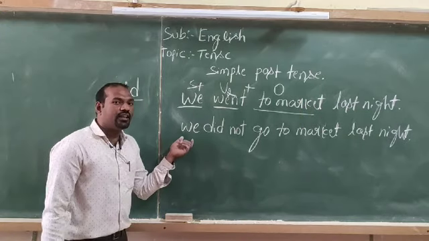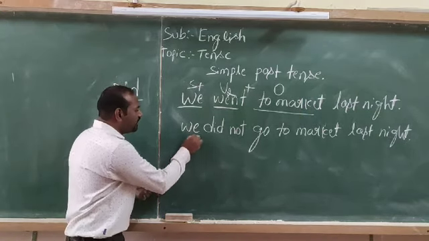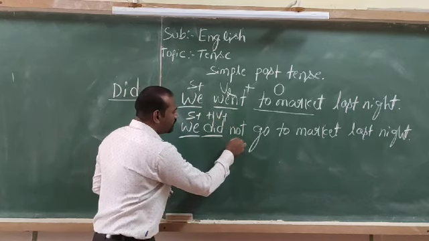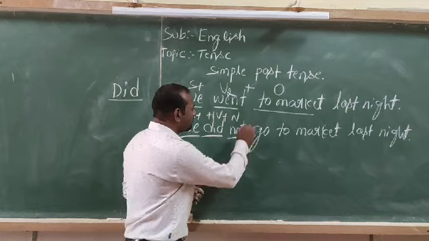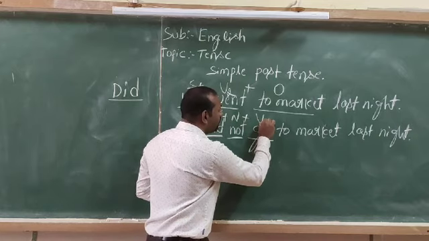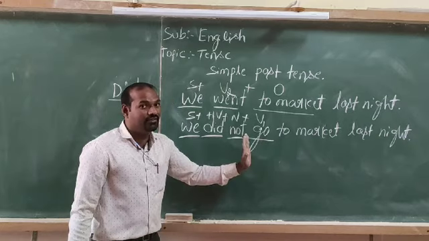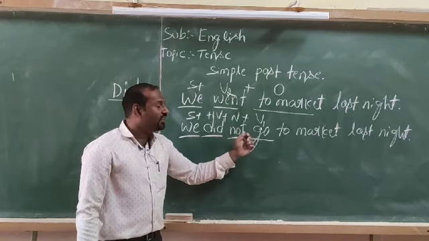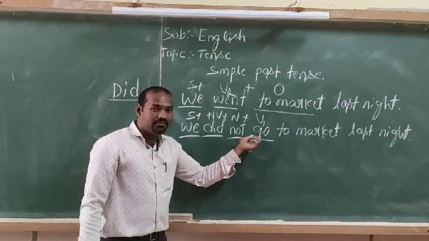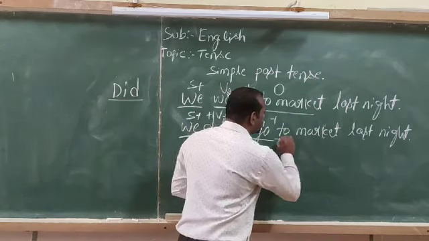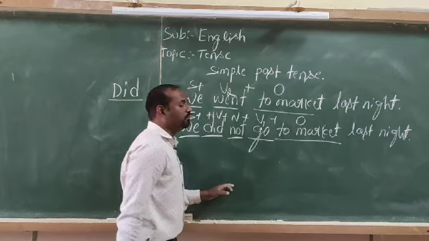Look at the structure of the negative sentence: we stands for subject, did stands for helping verb, not stands for negation, and go stands for V1. This is the tricky part. I'll tell you why the present form of the verb comes here. And the rest of the sentence is called object.